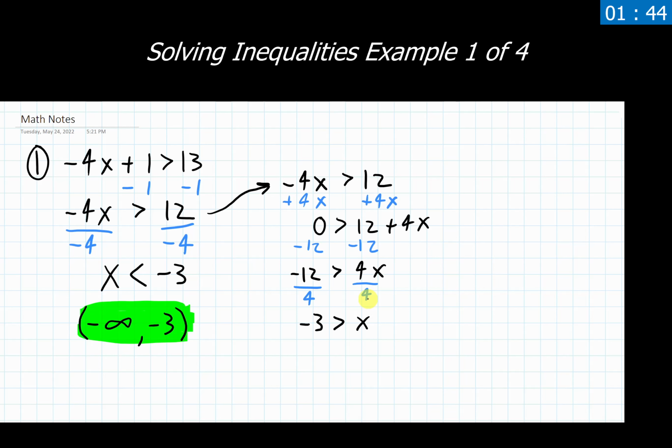Now, the last thing that you can do, I think it's very helpful to rewrite inequalities that are in inequality notation anyway, always having the variable on the left side. So I'm going to basically flip this entire expression. I'm putting the x over here. I'm putting the negative 3 over here. Now I want to determine, and remember, which way was this inequality facing. It was opening up to the negative 3.